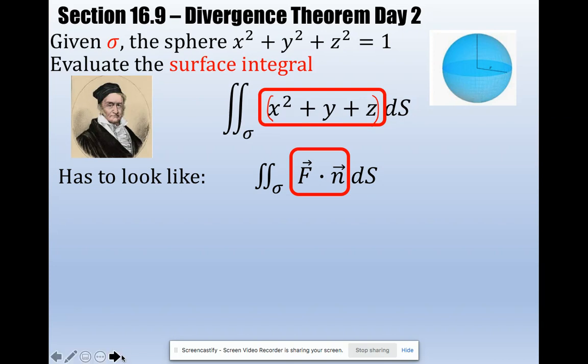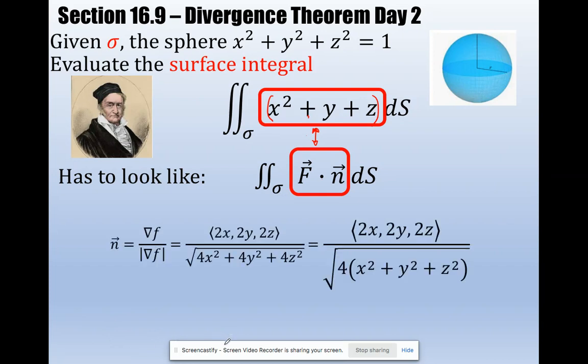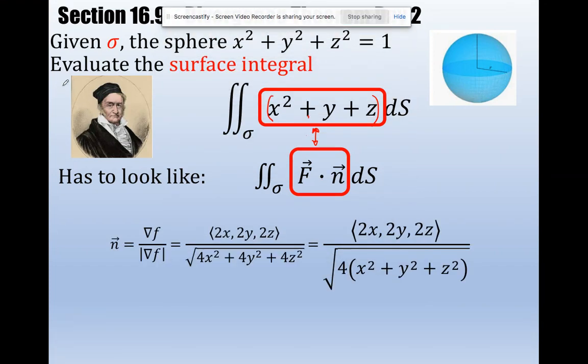So my question is, though, can I transform this integral into a dot product? Kind of, sort of like factoring. So the first thing I did, I started with the normal. And I said I want to dot a vector field with a normal.